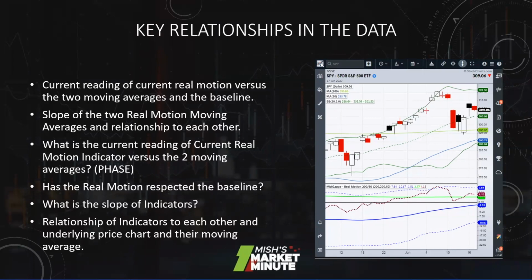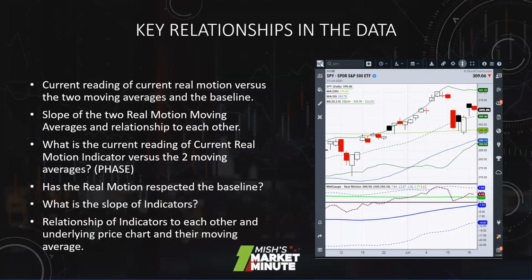So the thing you want to ask yourself, which is bullet point 3, what's the current reading of the real motion indicator versus the 2 market phases, or the 2 moving averages, which determines the phase. And the other thing you want to take a look at is understanding, has the real motion indicator respected the baseline?